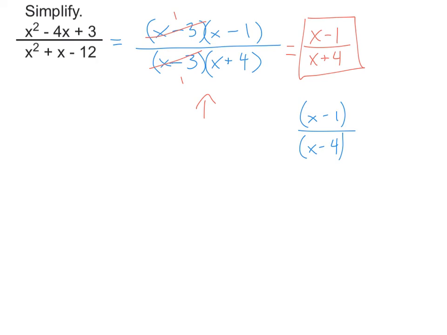Well, the x minus 3's, we're doing multiplication. Multiplication and division are interchangeable steps. So instead of doing the multiplication first, we just decided to do the division first to cancel them, leaving us with the x minus 1 over x plus 4. Okay, we'll do more of these examples in class. We are done here.